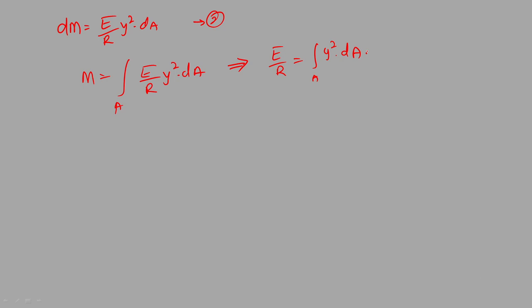So the integration of the moment of area about the neutral axis will give the moment of inertia of the section. That is, I equal to integration of y square into dA. This is the moment of inertia of the section about the neutral axis.